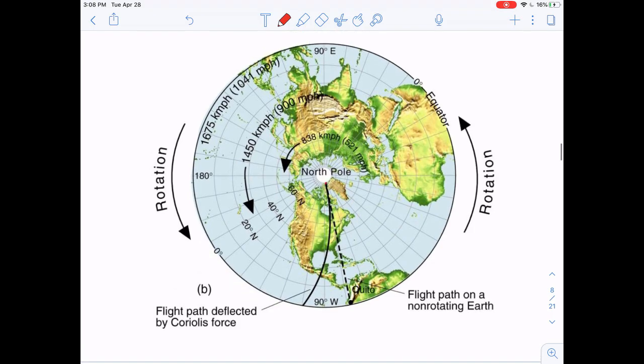So let's say the air is trying to travel directly south to Quito, Ecuador, okay. So what happens is that the air will originally go from the north to the south, but because the Earth is rotating, there's going to be a line speed, right? So the Earth is going to have a speed from west to east as the air is traveling from north to south.